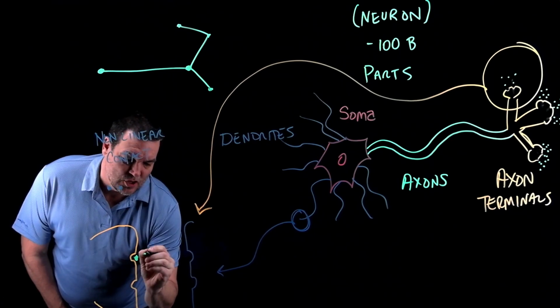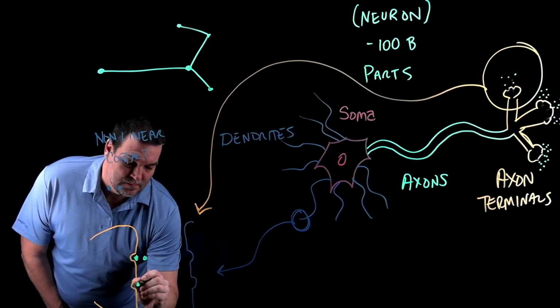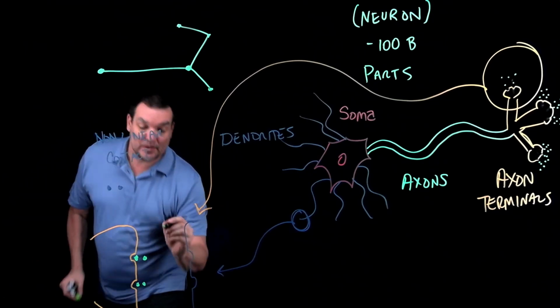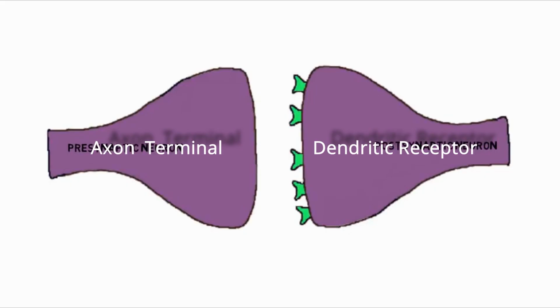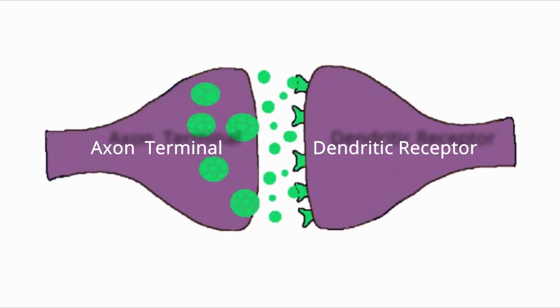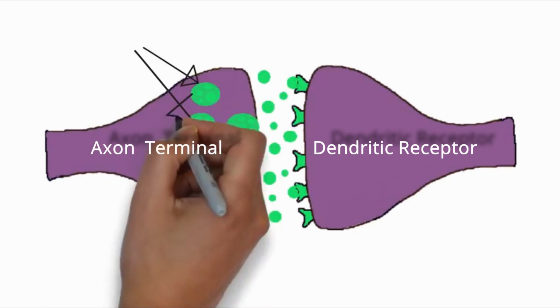When the terminal button or axon terminal releases the neurochemicals, these neurochemicals gravitate to, are attracted by, the receptors on the dendrites of other brain cells.